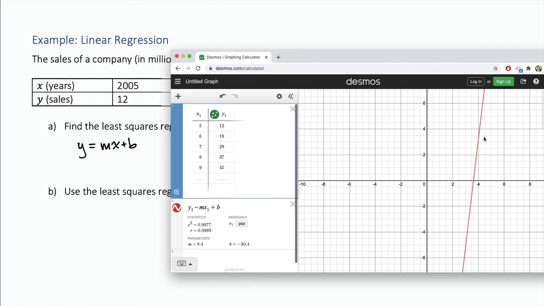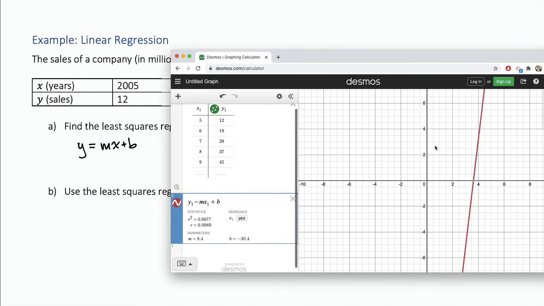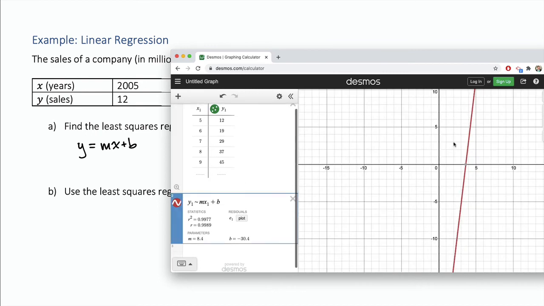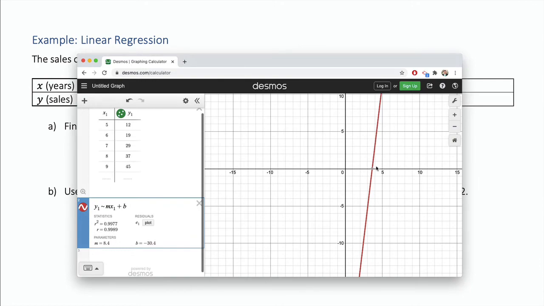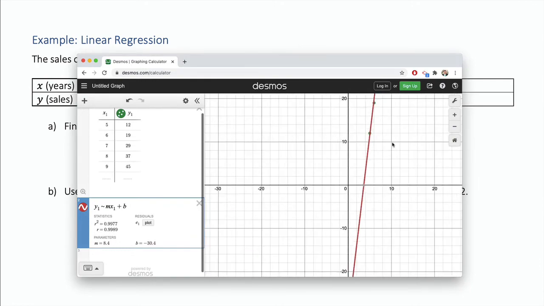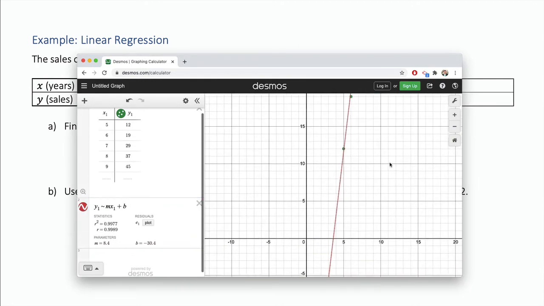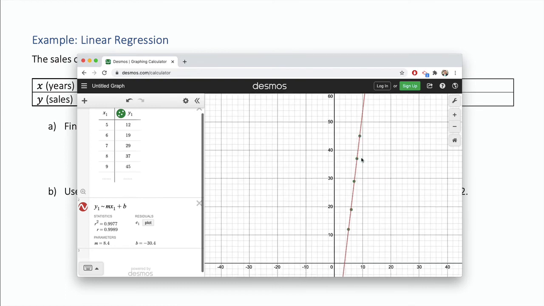You can see there's a line that showed up there. That's the least squares regression line. I'm going to zoom out so that you can see the points there.